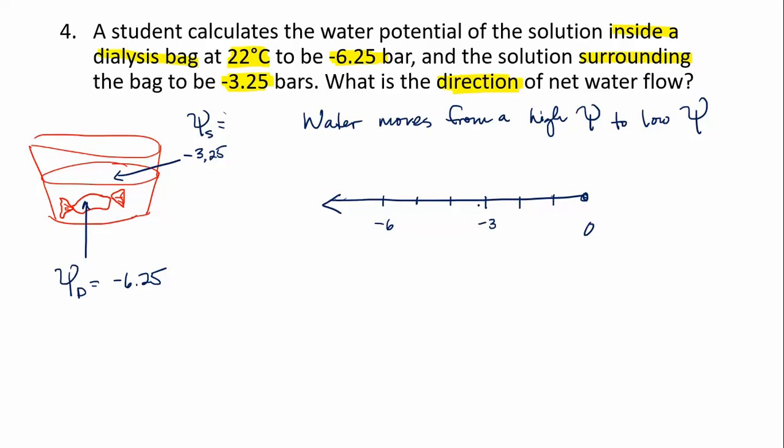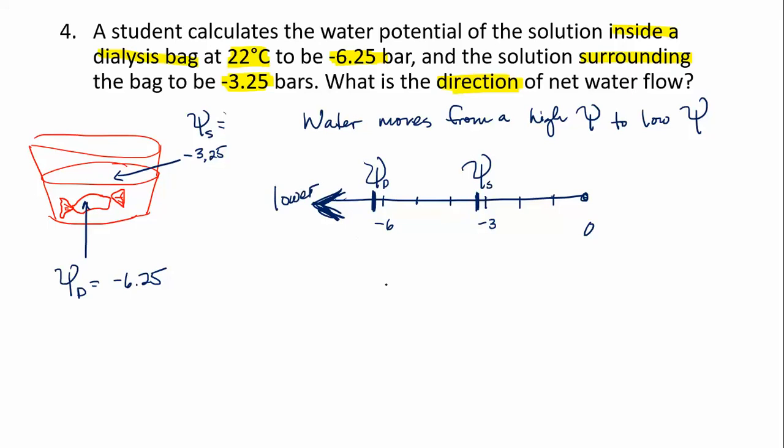Well, our solution has a water potential around negative 3.25, and our dialysis bag has a water potential of basically negative 6.25. Anything that goes to the left is a lower number.